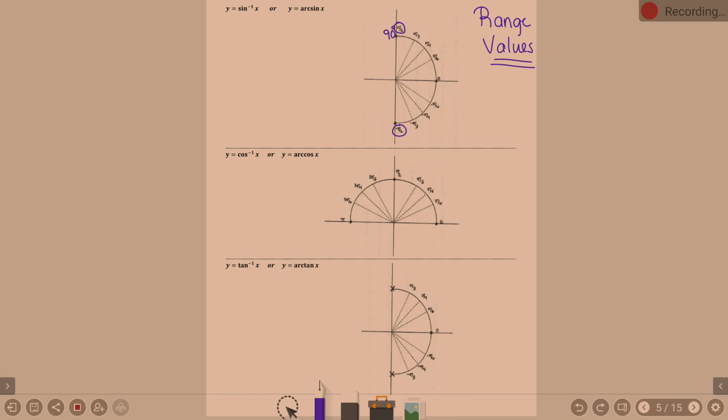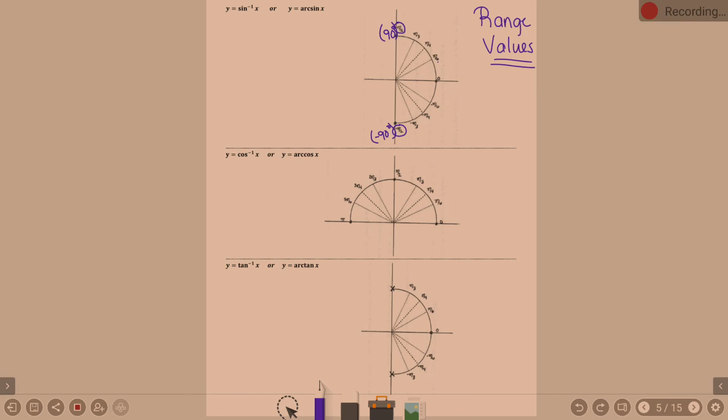That is what? 90. So basically, any answer between negative 90 degrees and positive 90 degrees is an allowed answer. Okay? Now, we already talked about that first answer being pi over 6, and it's right there. Okay? I wanted to point this out to you so you can be familiar with it.